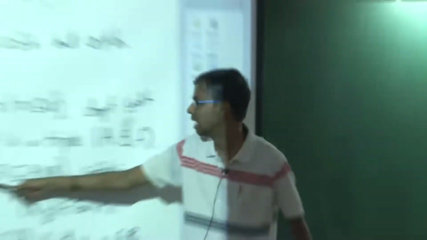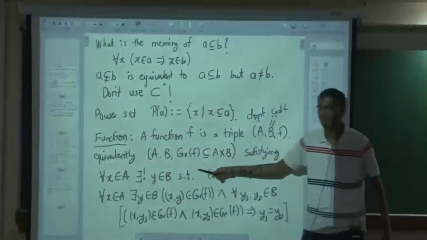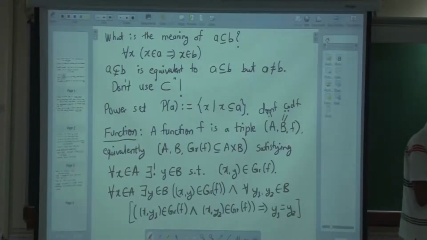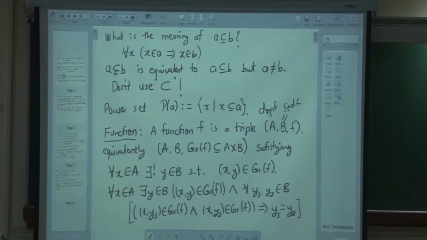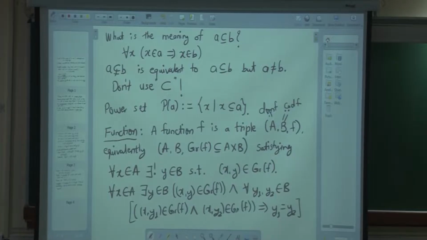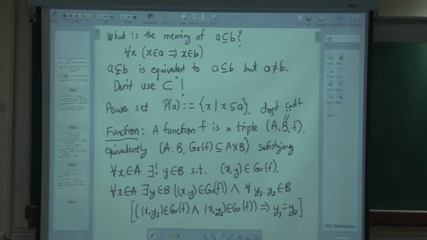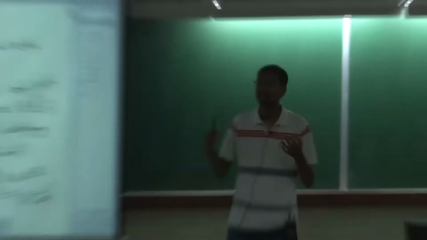Observe this. Every function is in bijection with the collection of graphs. I mean, the set of functions is in one-to-one correspondence with the set of graphs. Now, graphs are subsets of A cross B. So, at most, how many functions can there be?